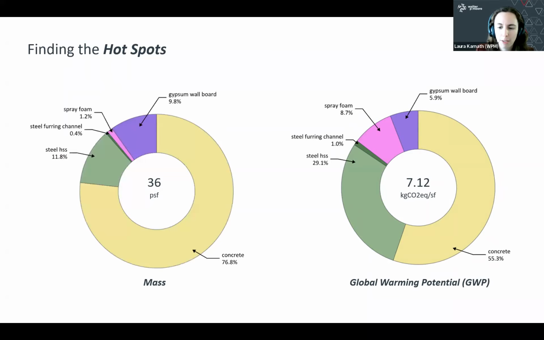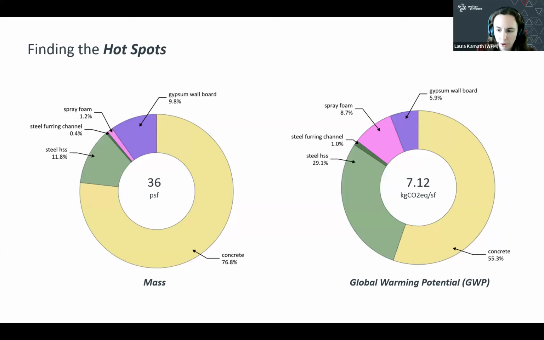But if we look at the mass and the GWP together, we can start to see some other hotspots. So our steel, for example, is only about 11% of the mass, but it's 29% of the global warming potential. So it has an outsized impact for how much of it there is in the system. And the same thing with the spray foam, it has quite an outsized impact for how much of it there is in the system. So we can start to look at that.